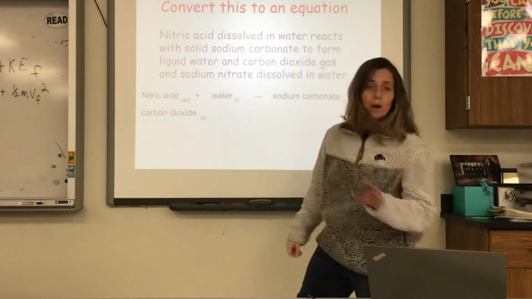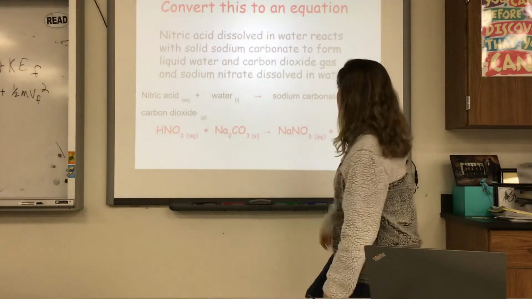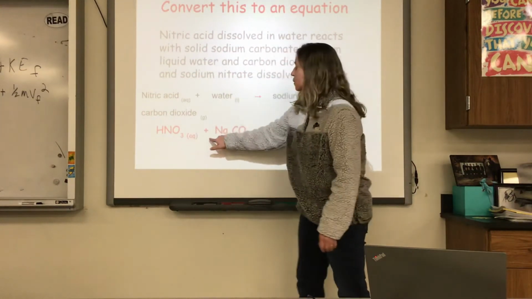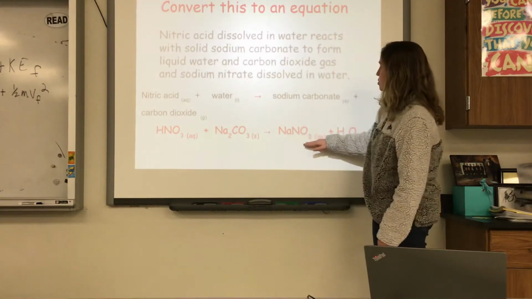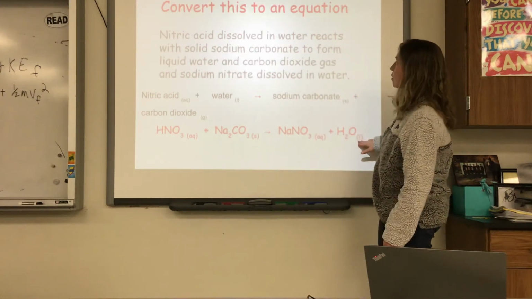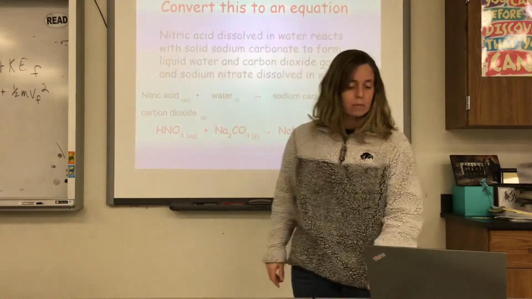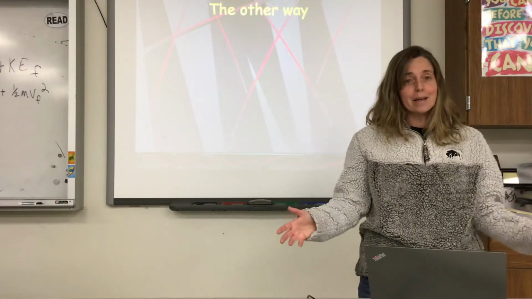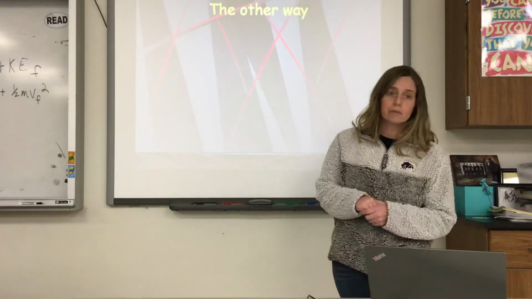So disregard the formula I did there, and let's just go ahead and look at the bottom part. All right, so this is what it should have said. Nitric acid plus sodium carbonate yields sodium nitrate plus water. And then I think I missed carbon dioxide gas in that too. So I kind of messed up that equation, but there you see, Miss Urshery does make mistakes. So that was kind of a disheveled slide there.